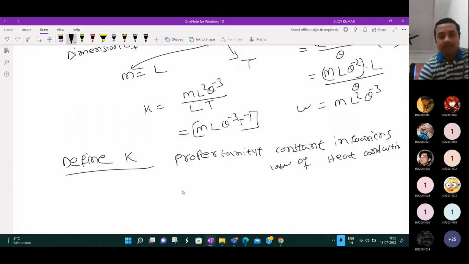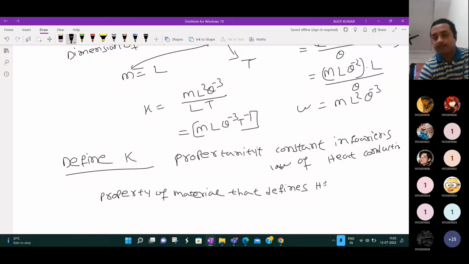Another: K is according to the nature of heat conduction. It is a property of material that defines the heat conduction rate.